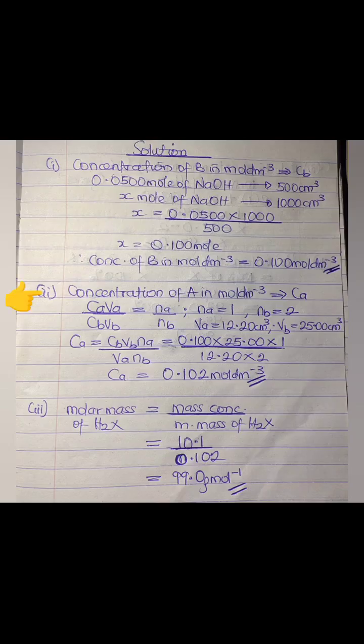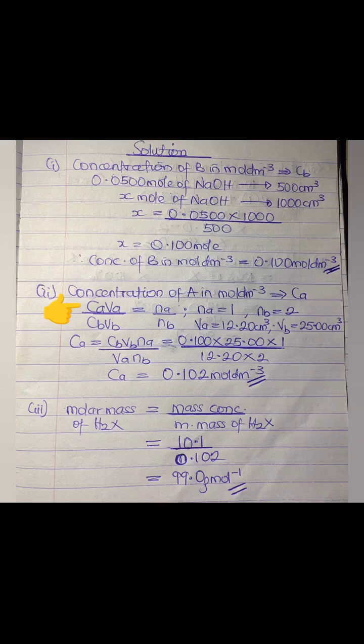Now, the conc of A in mole per dm cube, like I said earlier, is not easy for us to get, even though we have its mass conc, because we cannot derive right now the molar mass of H2X. X is an unknown. Because we cannot do that, we will use our neutralization formula, CAVA over CBVB is equal to NA over NB.